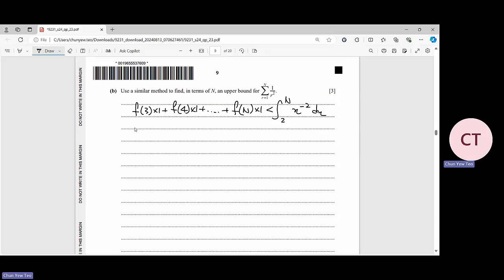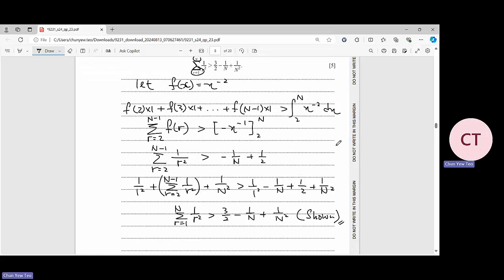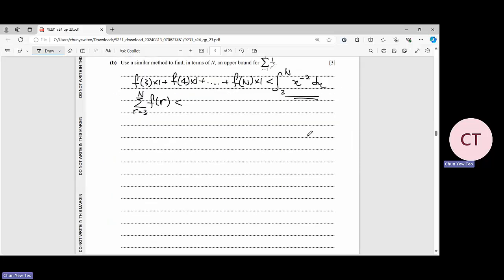So my left hand side I can summarize as the sum from 3 until n of f(r), less than this one. Just copy from the answer here: negative 1 over n plus a half.